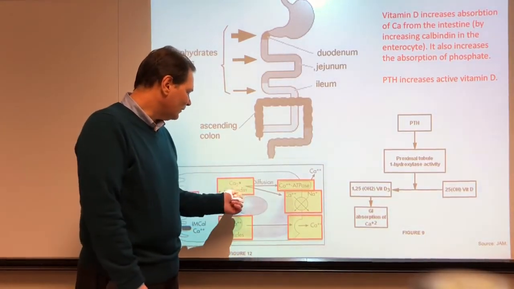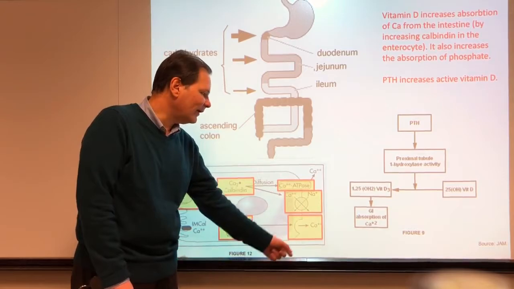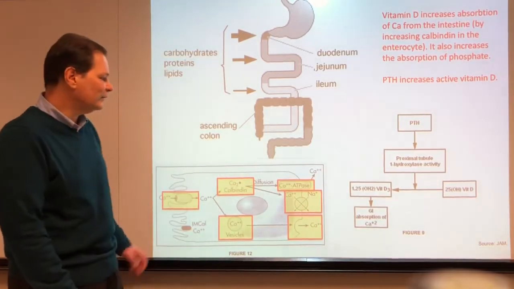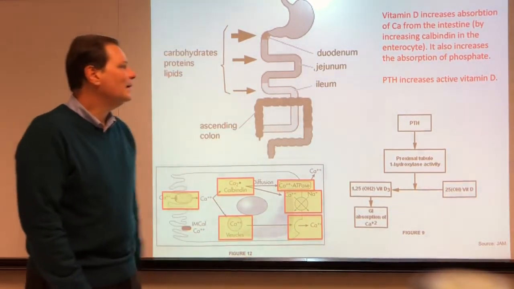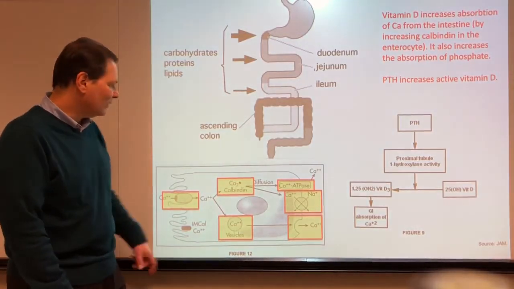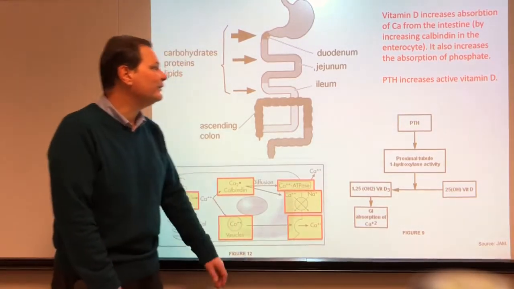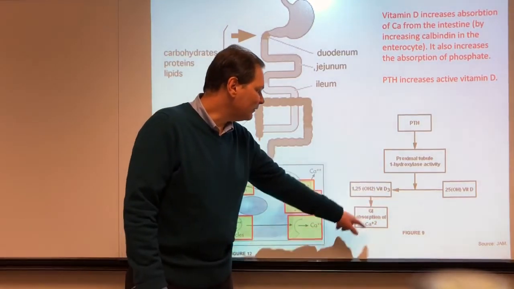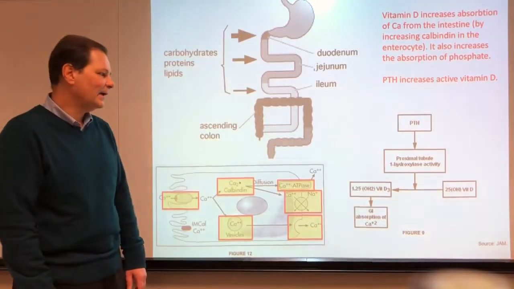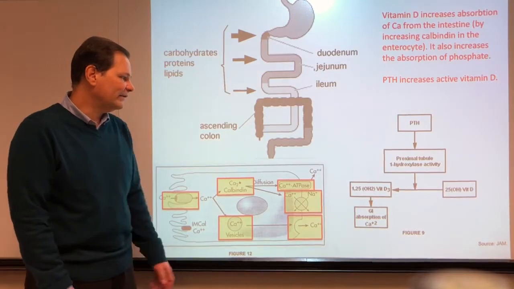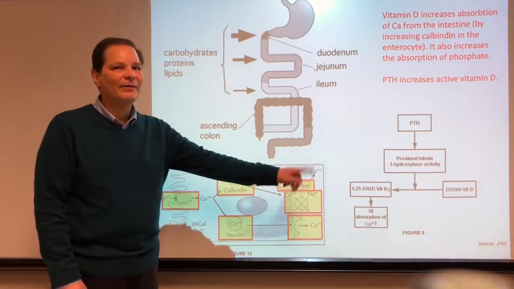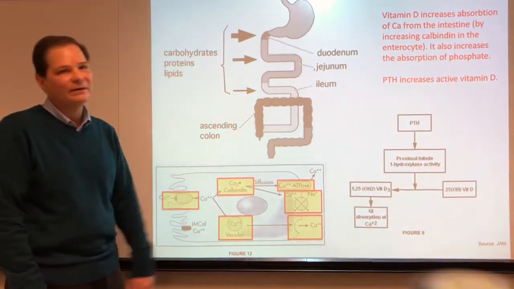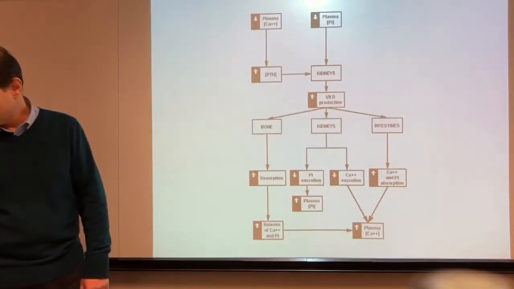Then if you get more total calcium, that means you can transport more total calcium through these transporters, and the absorption increases from apical to basolateral and out into the serum, all right? And don't forget, PTH increases the active form of vitamin D, and it really regulates that. So indirectly, PTH actually regulates this as well, okay?